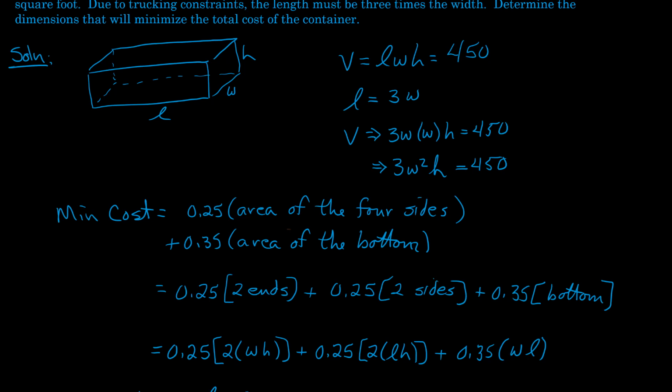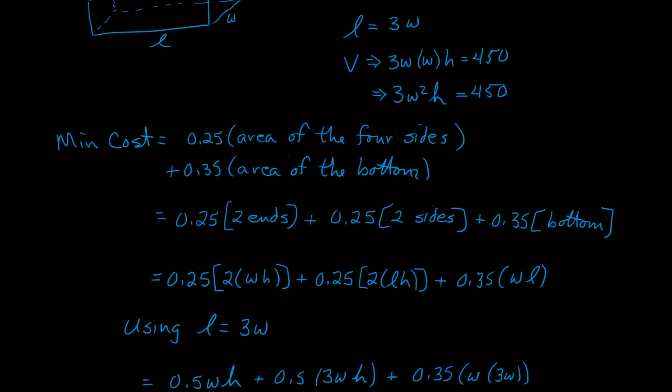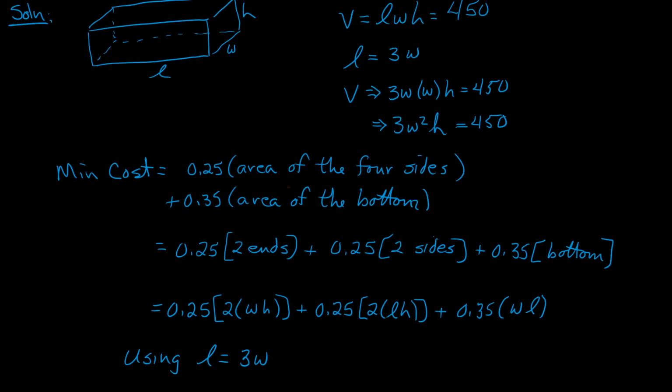Breaking this down a little bit further, for the 4 sides, we have 2 ends and 2 sides of the container. Each of those is going to be times the 0.25, and we have the 0.35 times the bottom. The ends of the container have an area of width times height, and there are 2 of those.